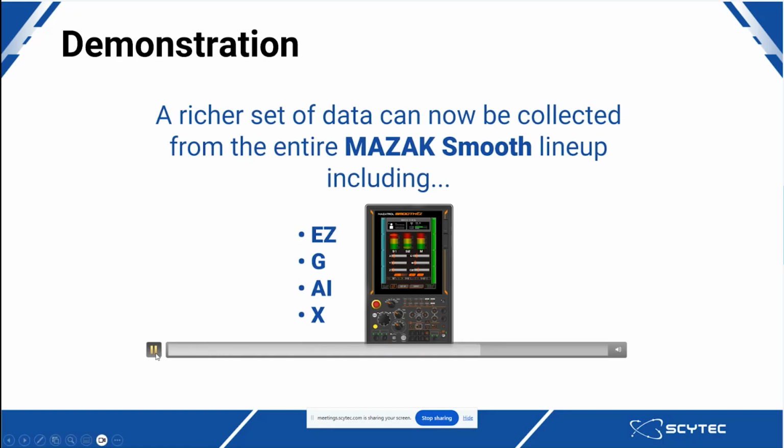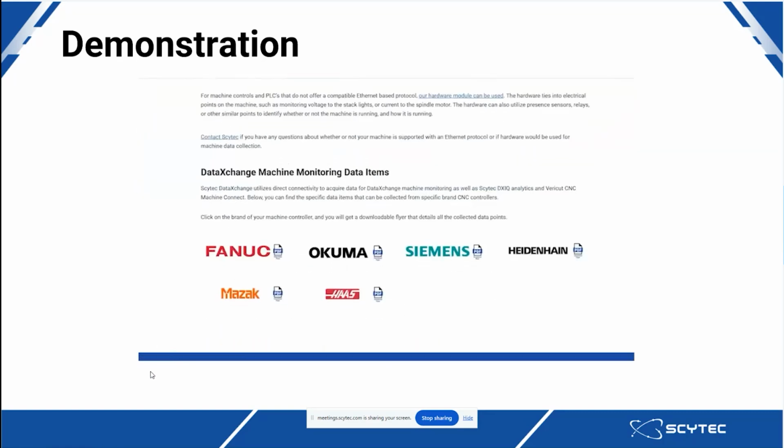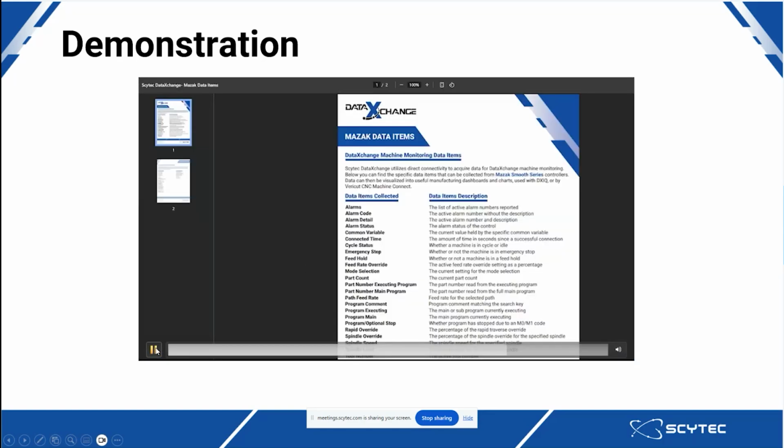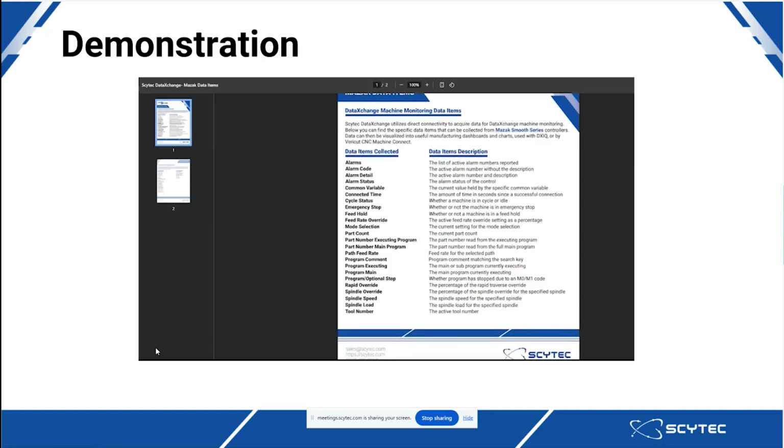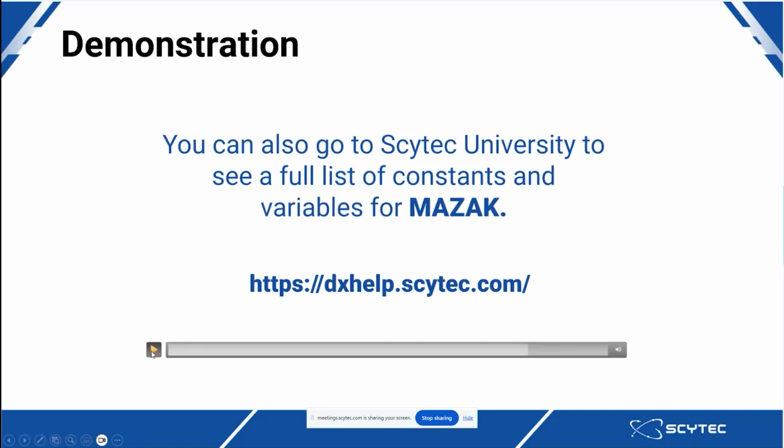And to get a good idea of what all is included in this collected information, if you go to our supported technology page on our DataXchange website, you can see the Maszak logo down there at the bottom. And if you click on that, that is going to give you a description as well as an itemization of all of the information that is collected and what it does via the direct access to this Maszak protocol.